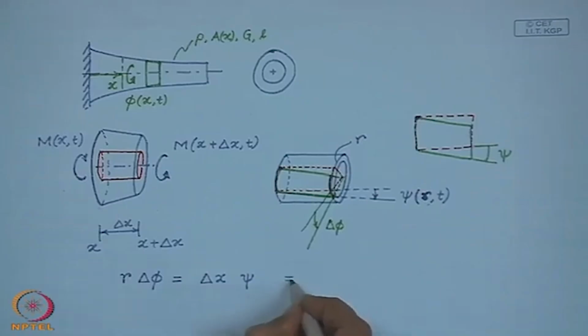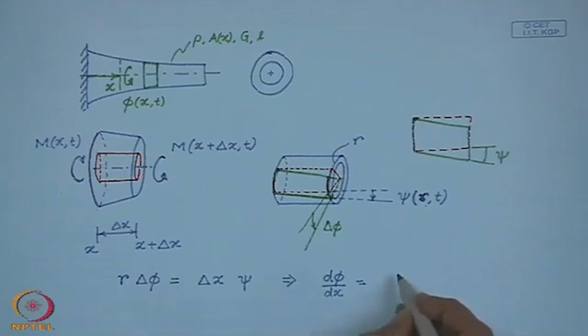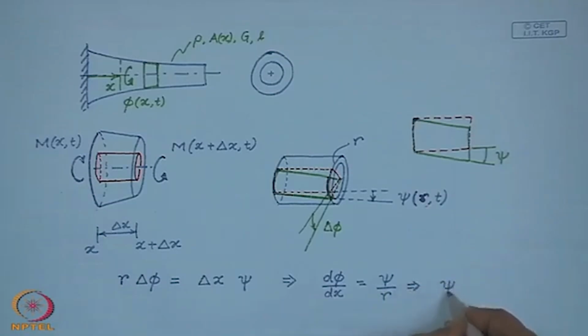That would imply, upon taking delta x tends to 0, the relation which I can also write as follows.